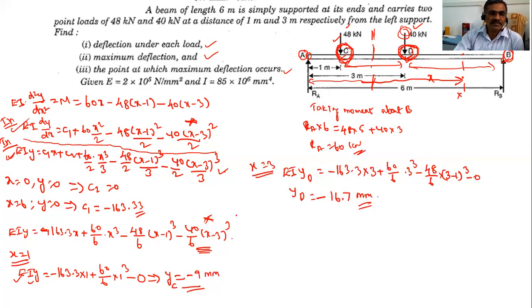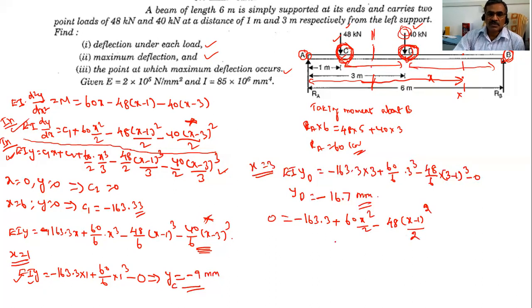In this equation, EI into dy by dx is equal to 0. So 0 is equal to C1, we know. What is the value of C1? Minus 163.3 plus 60 into x square by 2, and here it is minus 48 into x minus 1, the whole square by 2.